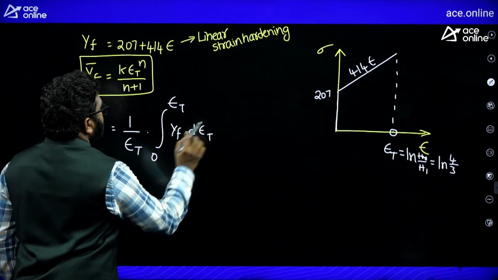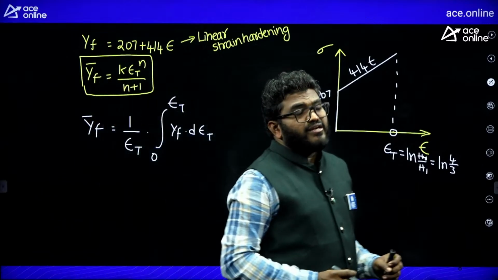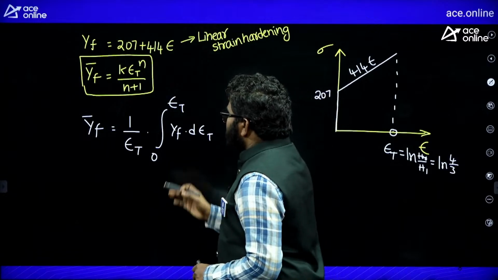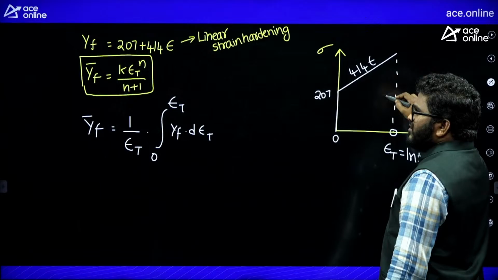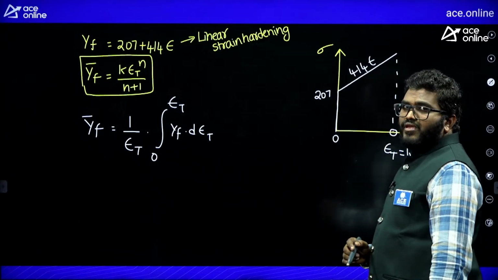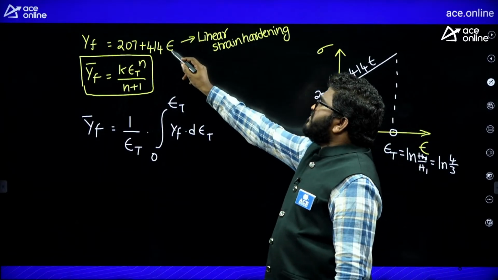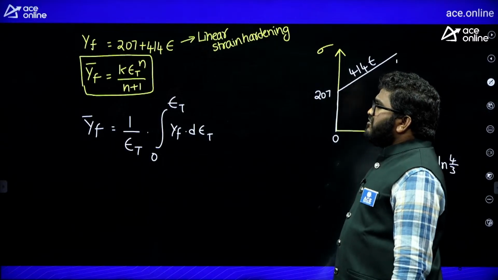This is based on the energy equation, meaning energy stored in the body is stress into strain, the area of the stress strain curve. If the equation is not given directly you can substitute and solve, but here the equation is given.